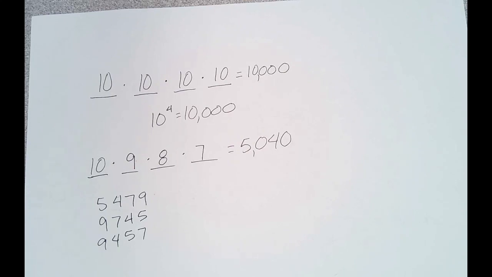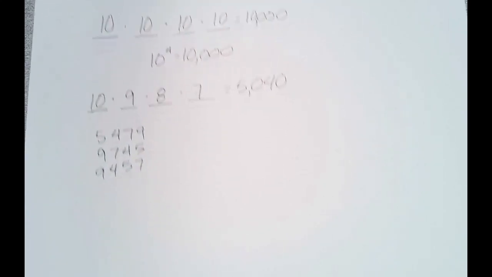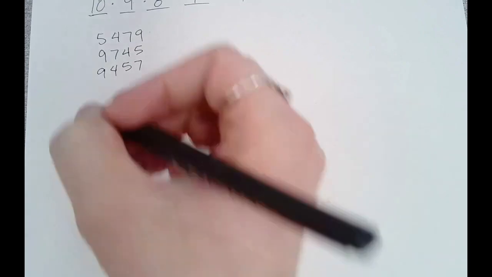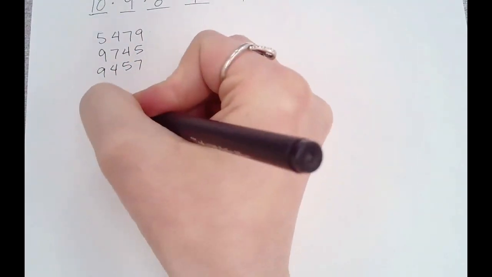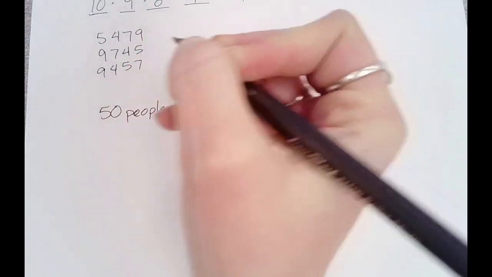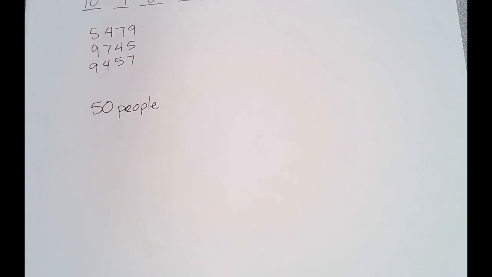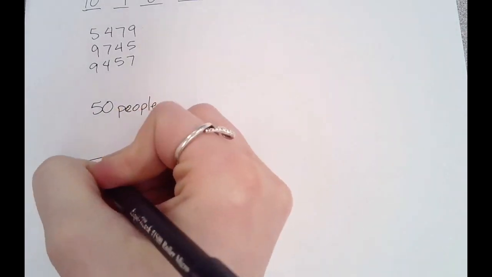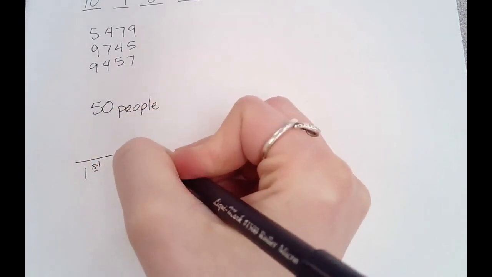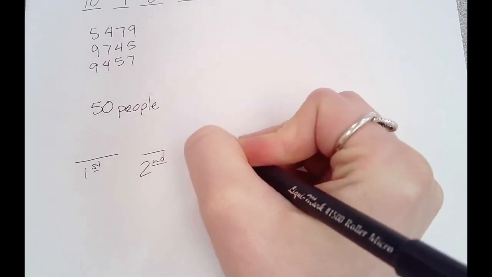Okay, so let's look at one other example of a permutation where order matters. Let's say some people are running in a race and there are, let's say, 50 people running this race, and they are wanting to figure out how many different ways first, second, and third place could be handed out. So we've got first place, second place, and third place.